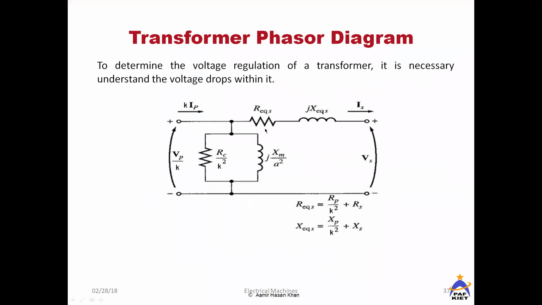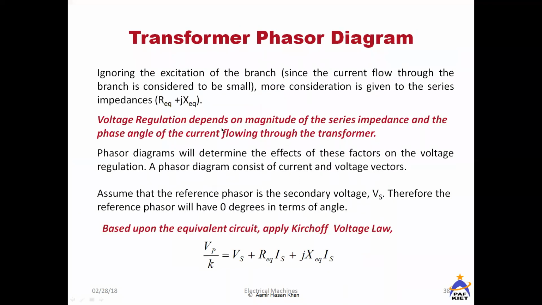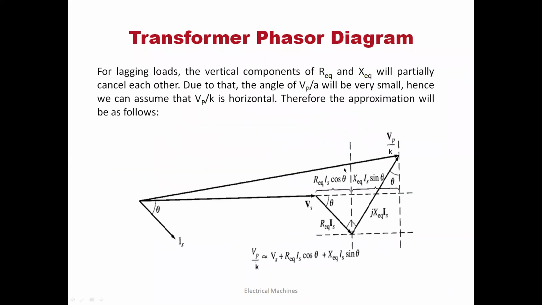Now, as referred to the primary side, your equivalent circuit. Then from this vector diagram, suppose for lagging load, this component we have calculated. As I told you, this vertical line is R02 I2 cos phi 2, then X02 I2 sin phi 2, as referred to the secondary side.